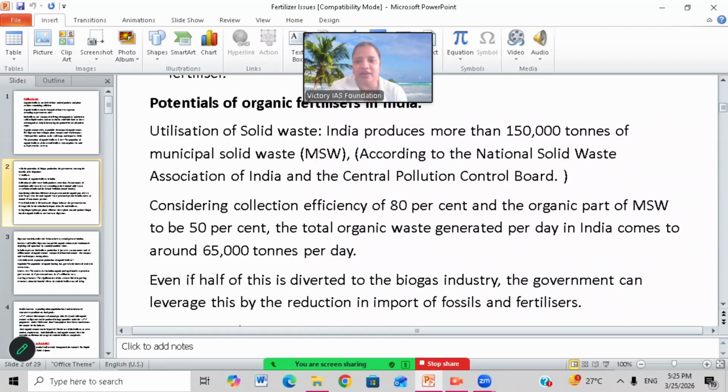So what is the potential of organic fertilizers? They utilize solid waste. India produces more than 150,000 tons of municipal solid waste according to the National Solid Waste Association of India and the Central Pollution Control Board. So these bioorganic fertilizers use solid waste.